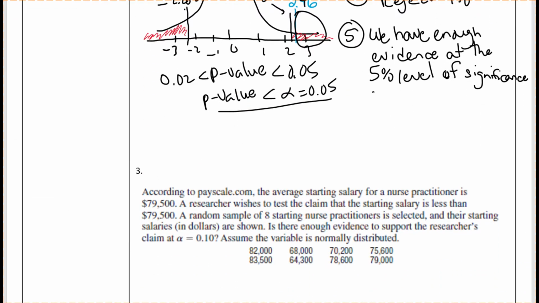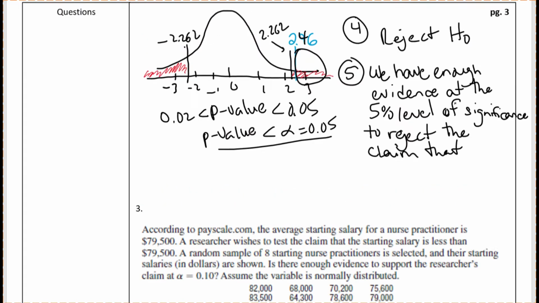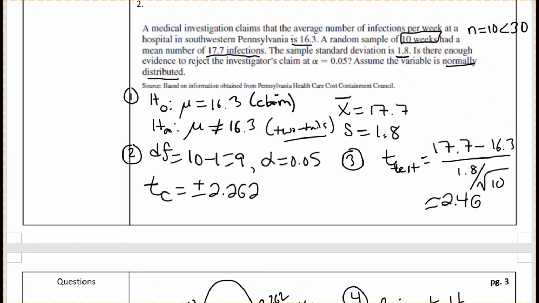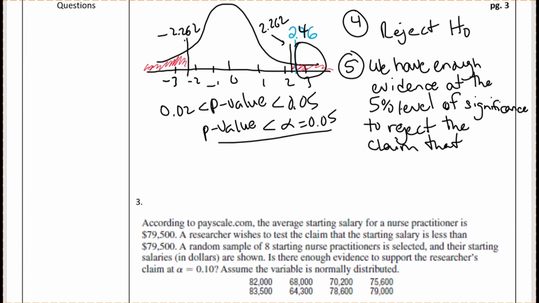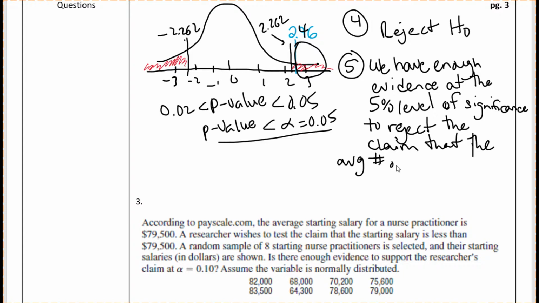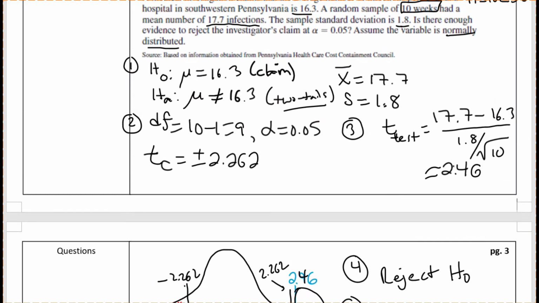So we have enough evidence to reject the claim, according to the problem, that the average number of infections per week at a hospital in Pennsylvania is 16.3.